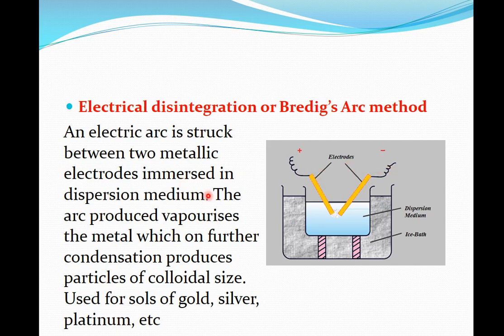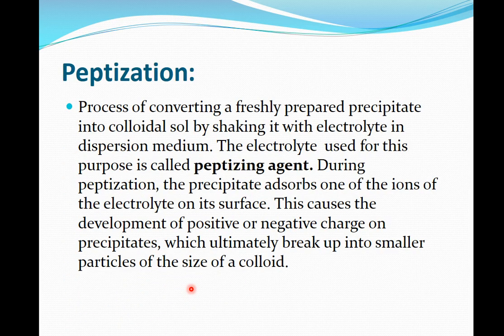When the electric current is passed through here, the arc produces vapors which get condensed due to the surrounding ice bath. So after condensation we get particles of colloidal size.